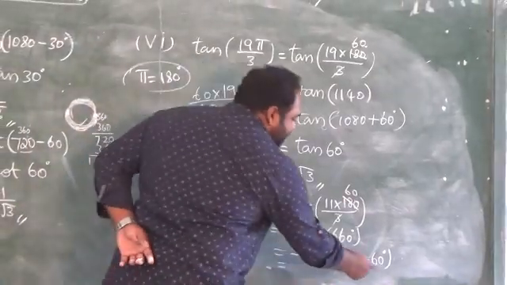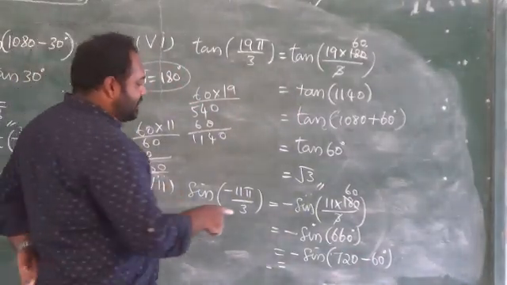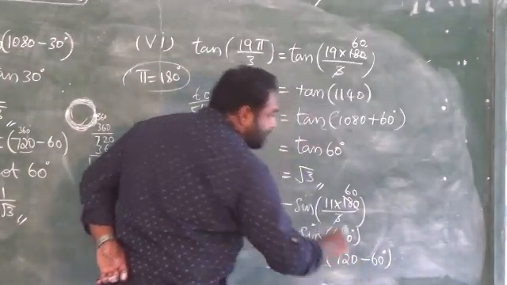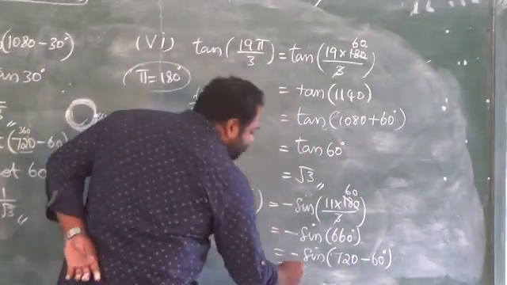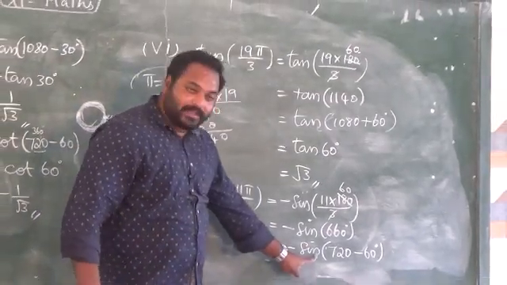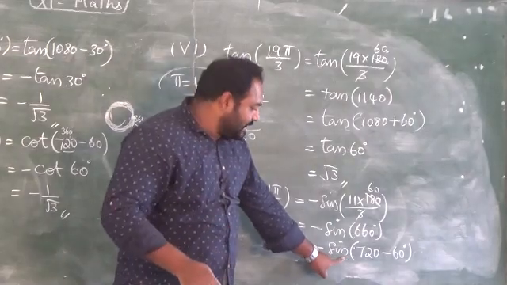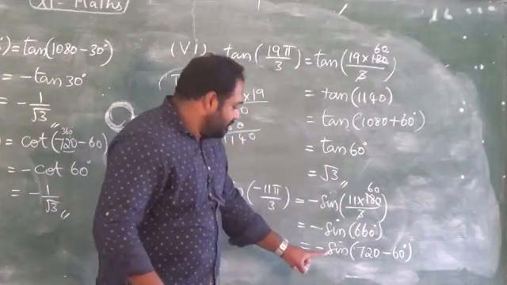So 360 minus 60 is considered the fourth quadrant. In the fourth quadrant, sine is negative; only cos is positive. So we have to write one more minus here.